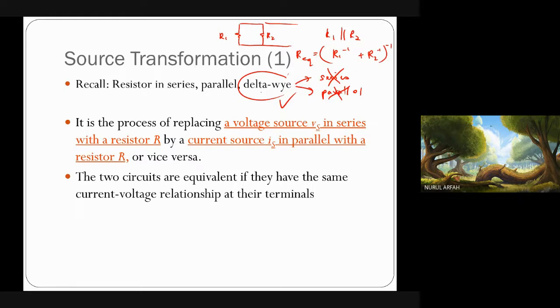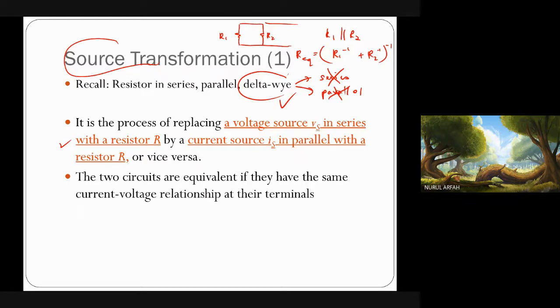Nanti awak sendiri yang akan suffer. Lama sangat awak. Kalau you spend too long, that means your method is incorrect. Okay, so it is a process. What is source transformation? It is a process of replacing a voltage source in series with a resistor by a current source in parallel with a resistor. Or vice versa.